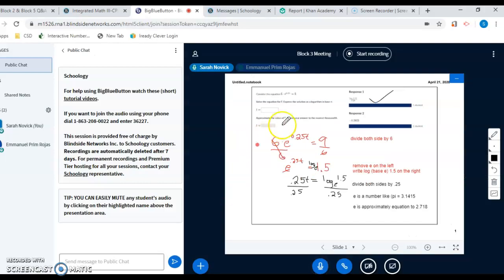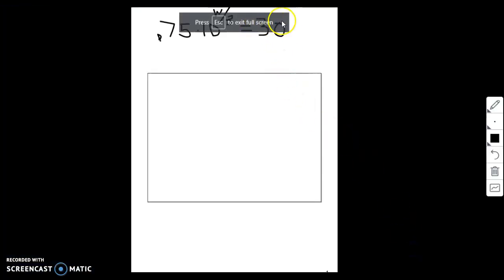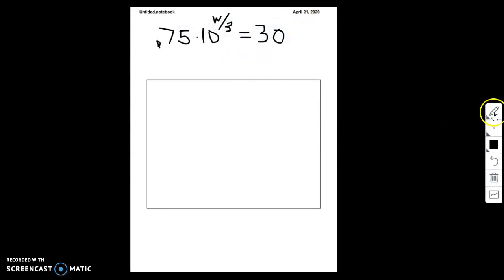So if you use a calculator, this might be hard to show you. Step number 1, you want to get rid of this 0.75, right? So if you're trying to get rid of 0.75, you would divide both sides by 0.75.